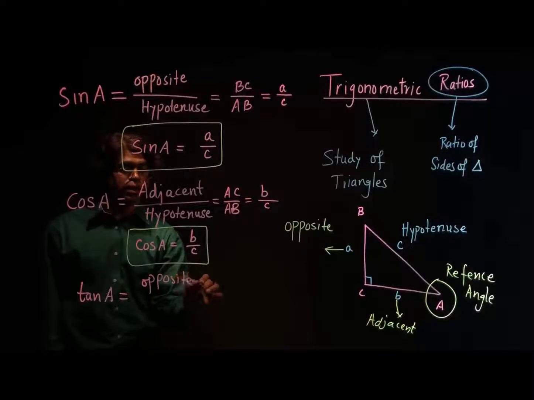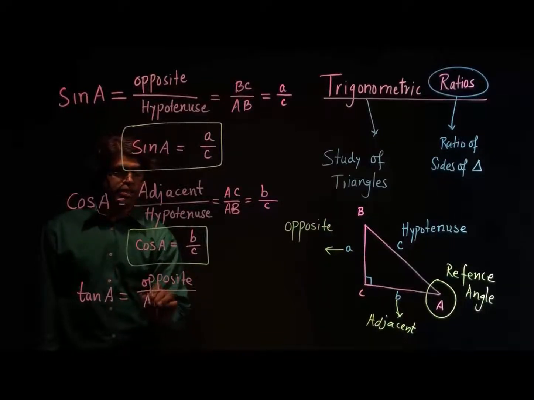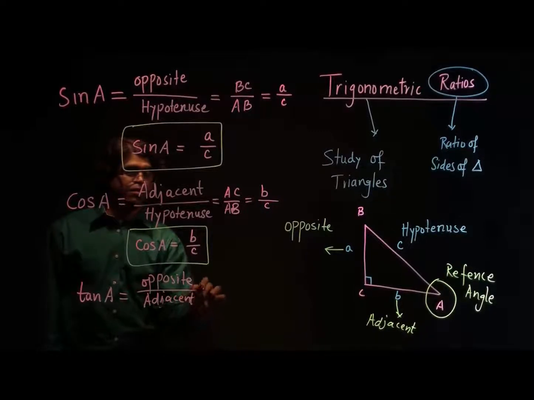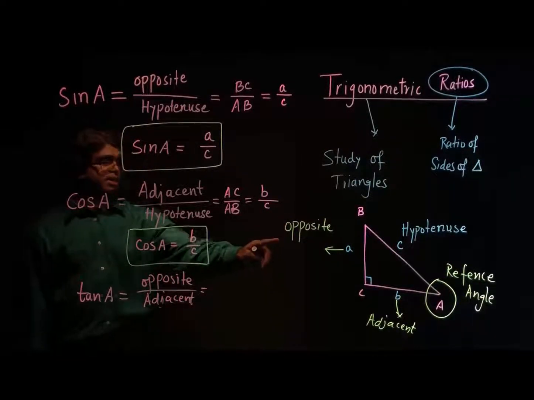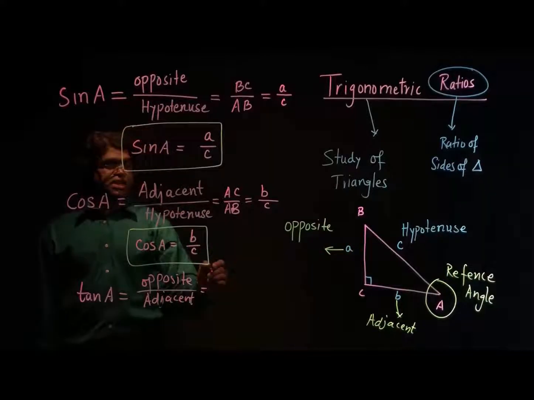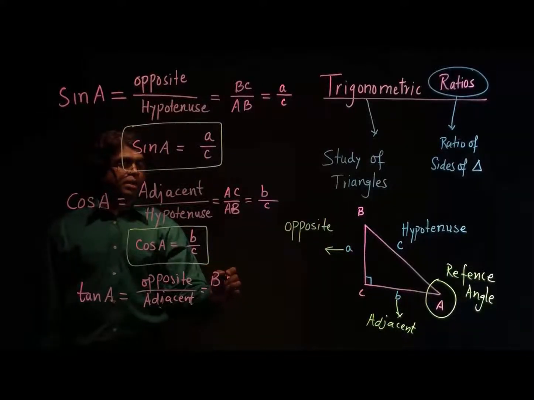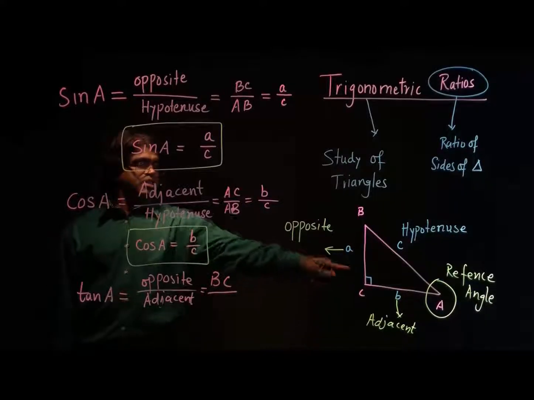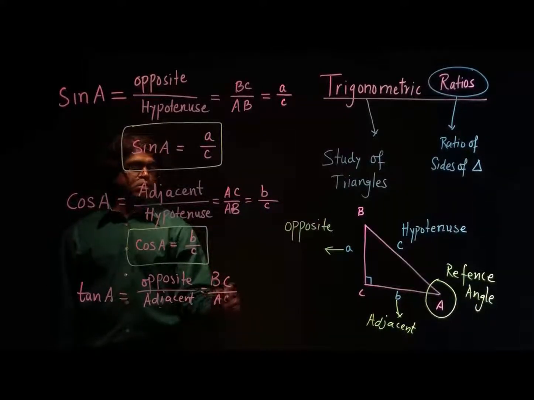My third trigonometric ratio is tangent A, and tangent is opposite over adjacent. If you look at my triangle ABC, my opposite is BC and my adjacent is AC, so I will write BC over AC.